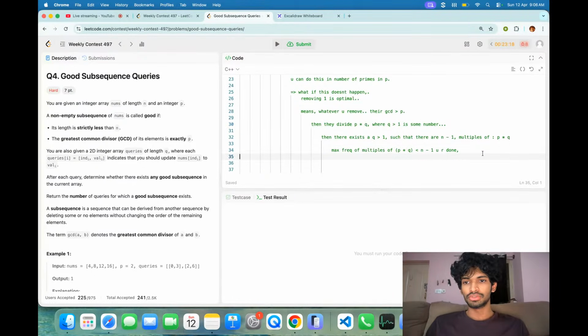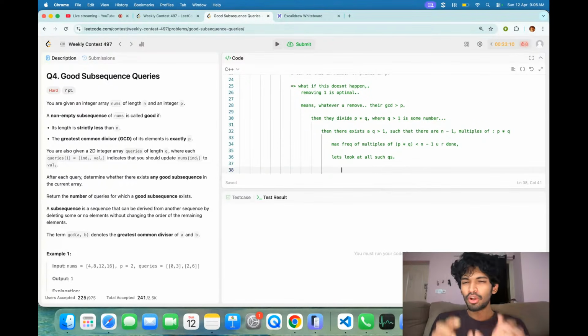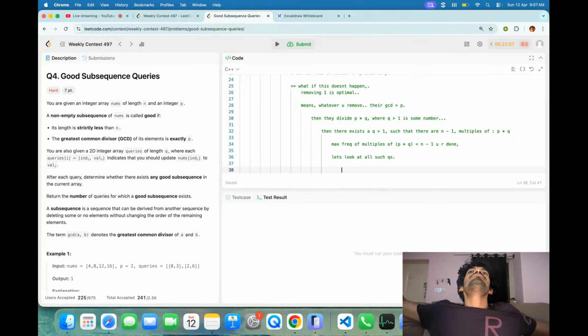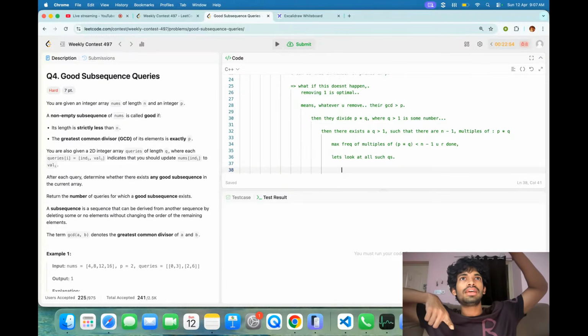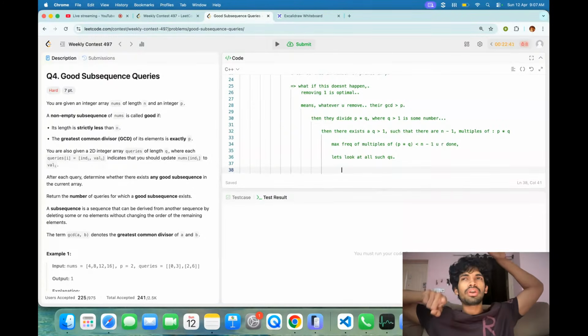Let's look at all such queues logically. Okay, let's look at all such queues that are n minus 1, n minus 1, n minus 1. We want to determine, is there a way to remove something, and then there is no such queue? Okay, what does this mean?